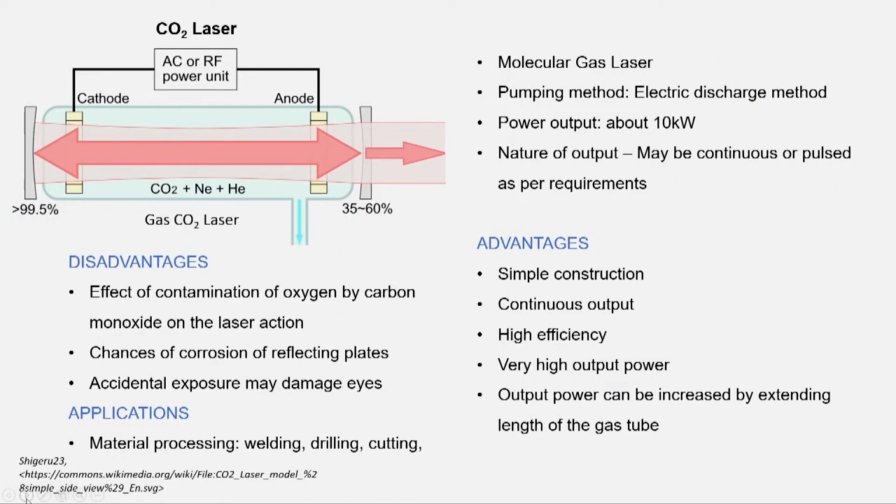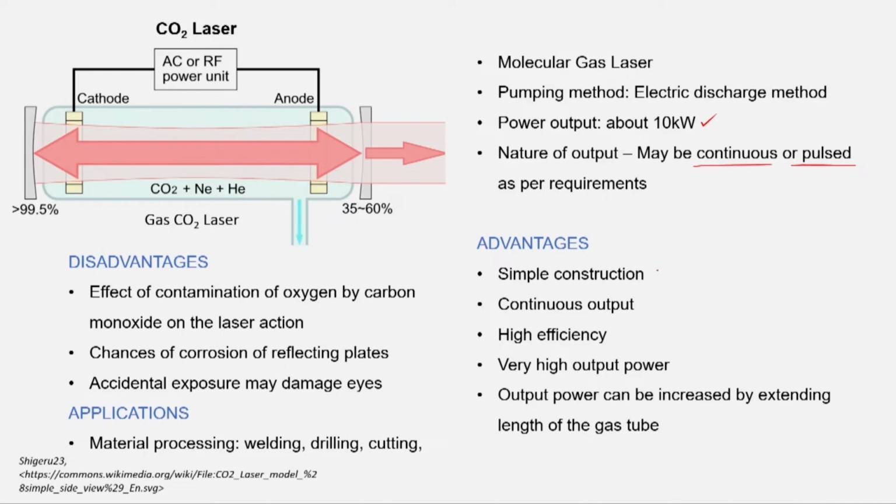Well, the general details about the CO2 lasers are in front of you. The maximum power output that can be achieved is about 10 kilowatt. CO2 lasers produce the beam in continuous as well as pulse mode as per our requirements. There are various advantages associated with the CO2 laser.